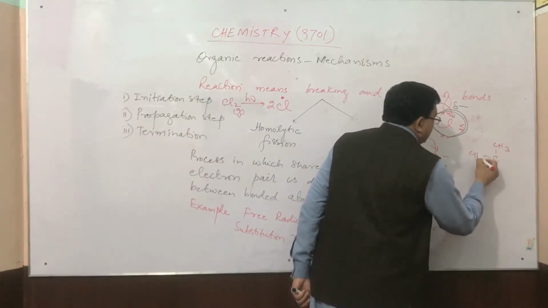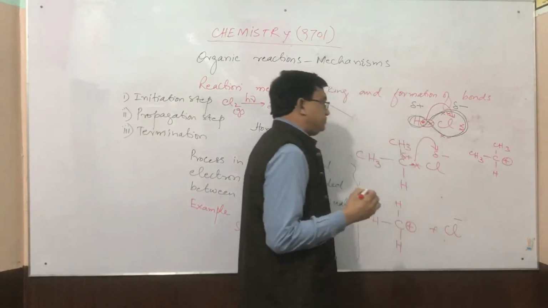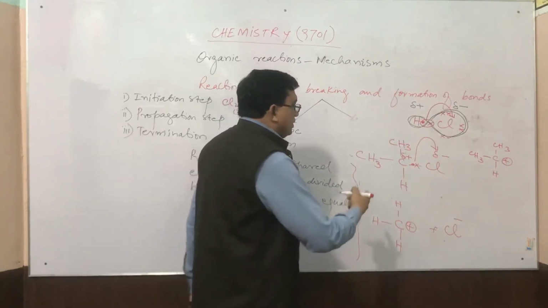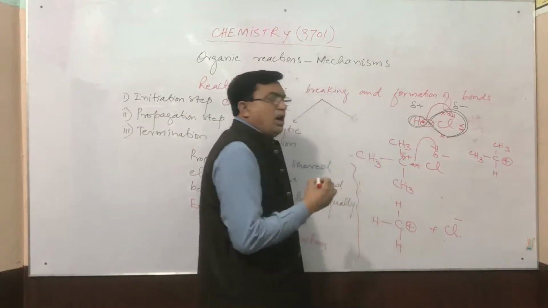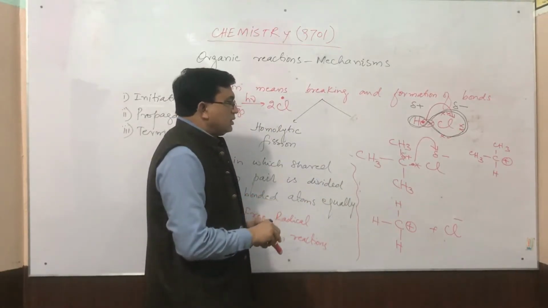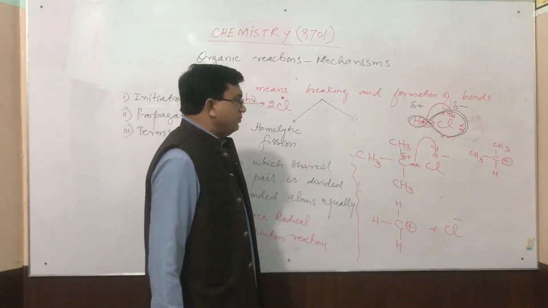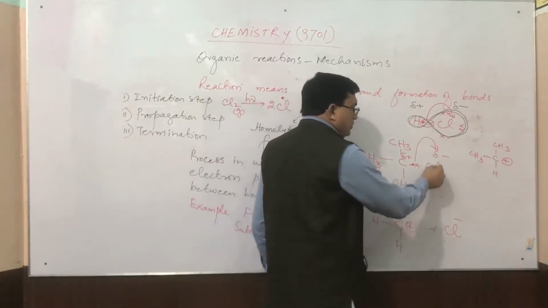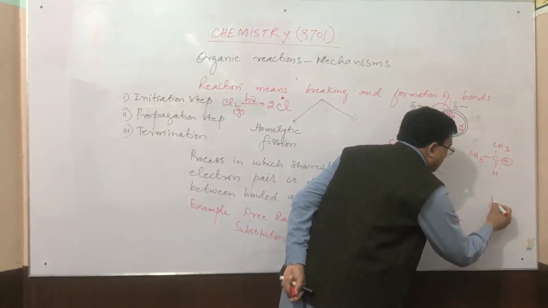This is the secondary carbocation produced. And if the carbon containing the halogen is directly attached to three carbon atoms or alkyl groups, then this will be called a tertiary halogenoalkane, and heterolytic fission of the bond will produce a tertiary carbocation.